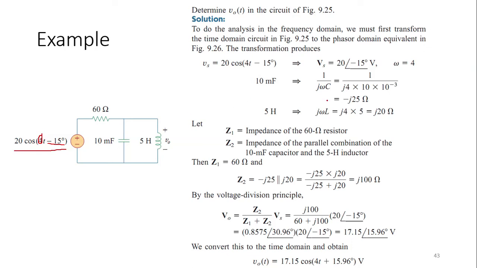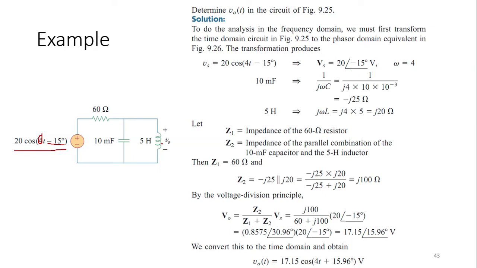Impedance for the 10 microfarad capacitor is found, then impedance for the 5 henry inductor is found. These two are in parallel, so we find their parallel combination, and then a simple voltage divider between the 6 ohm resistor and the parallel combination of these two results in the output voltage.